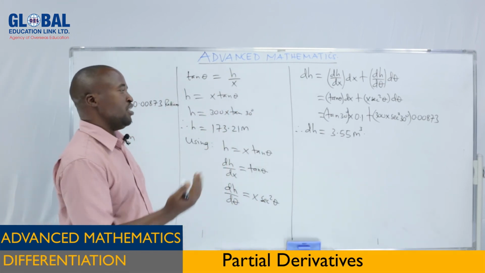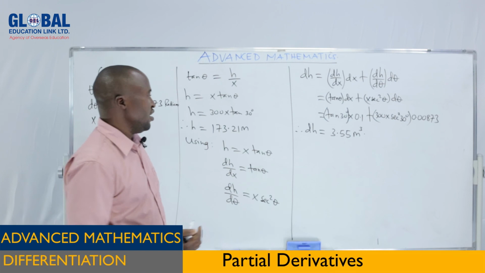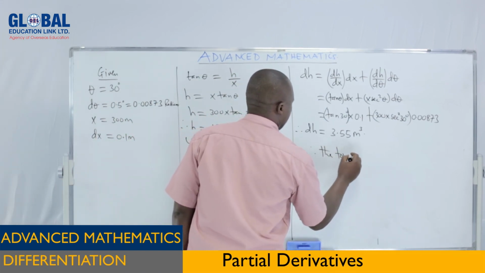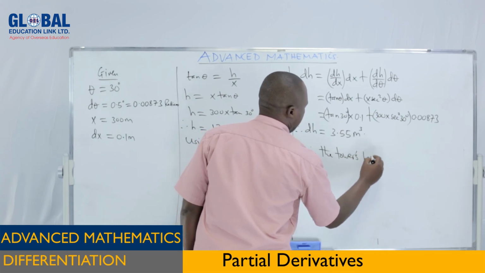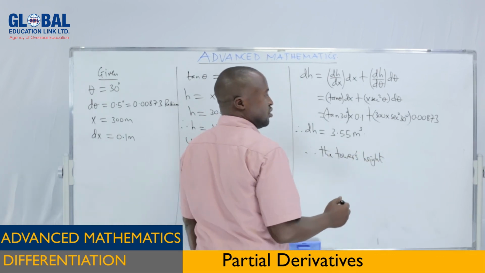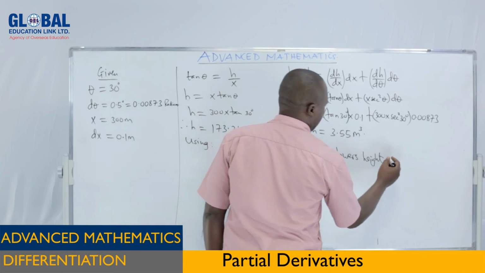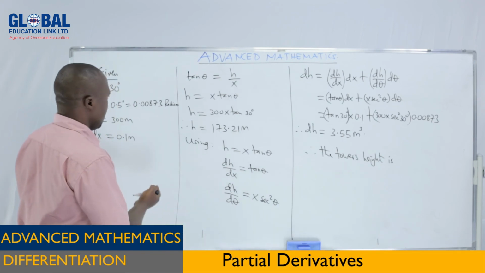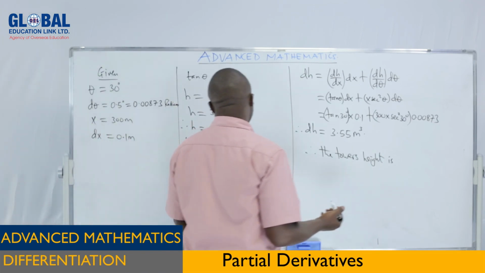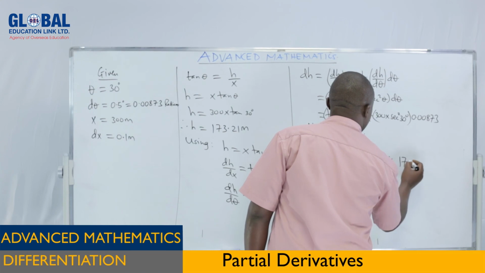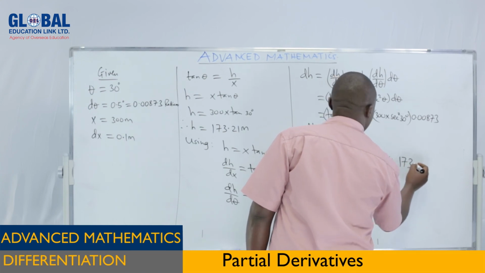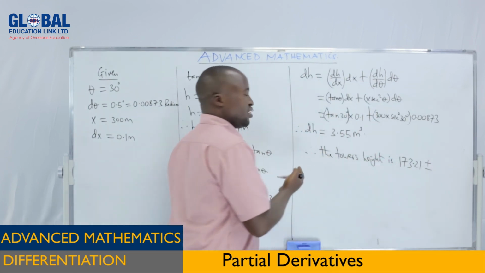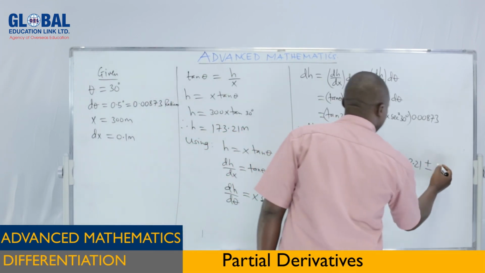Now our interest is to estimate the tower's height. The tower's height, in terms of error, starting with h: h is 173.21, then plus or minus dh, which is 3.55.